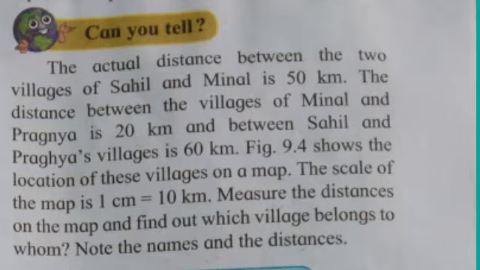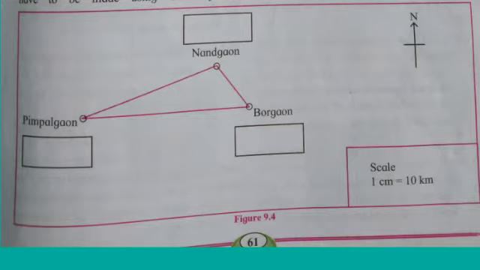Observe the figure 9.4. Figure 9.4 shows the location of these villages on a map. The scale of the map is 1 centimeter is equal to 10 km. Measure the distances on the map and find out which village belongs to whom. Note the names and the distances.